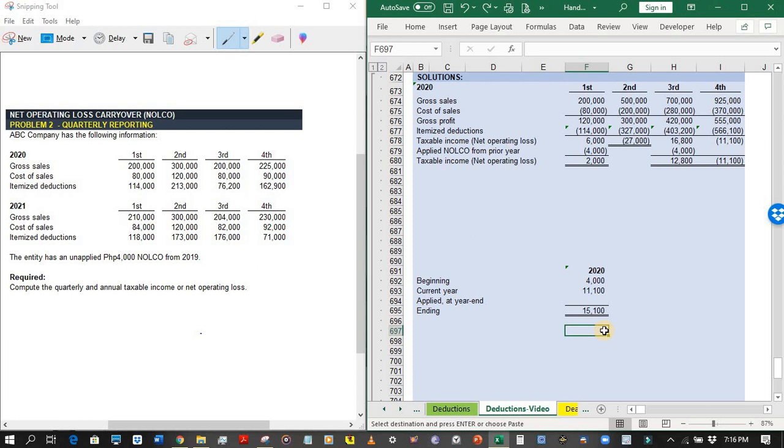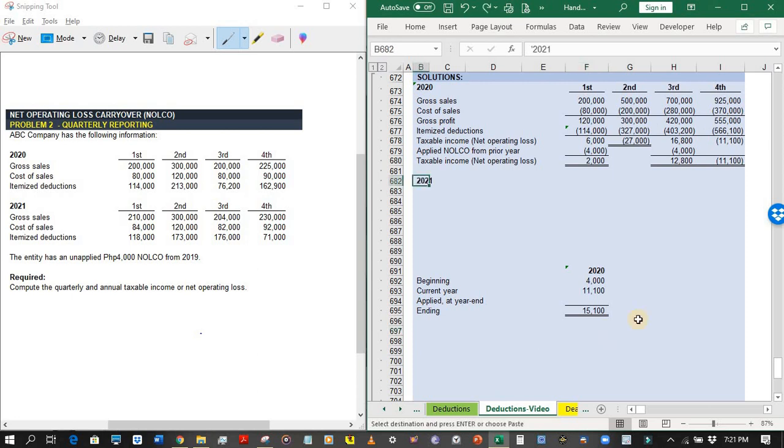And since in 2020, we did not report any taxable income, which means that the 2019 net operating loss carryover of 4,000 cannot be deducted in 2020 because we did not report a taxable income for the year. Again, the quarterly information are always not final. The final amounts are in the annual income tax return.